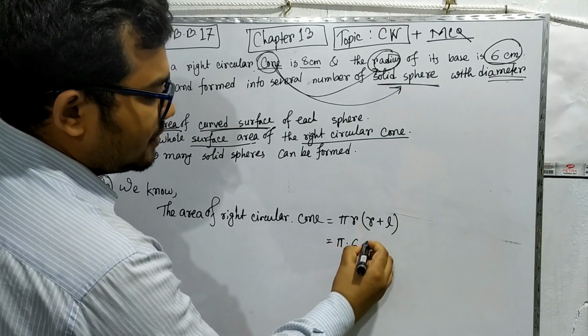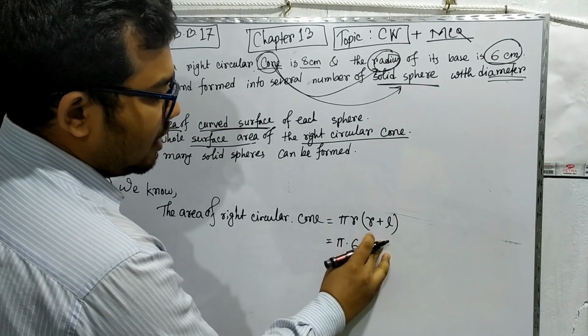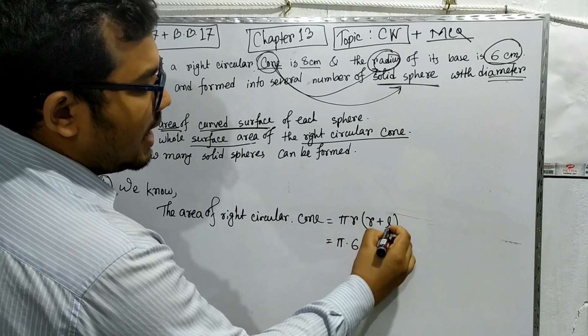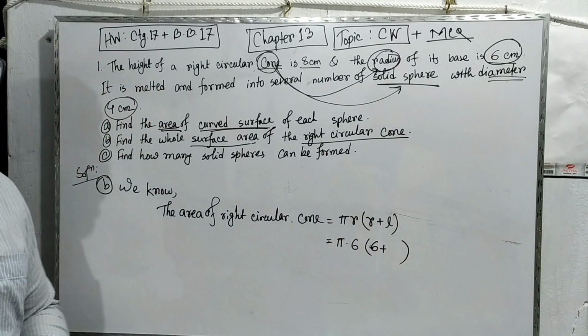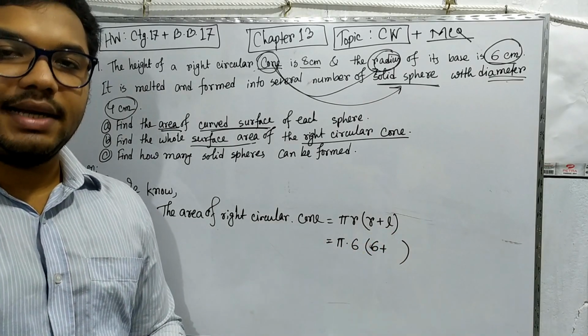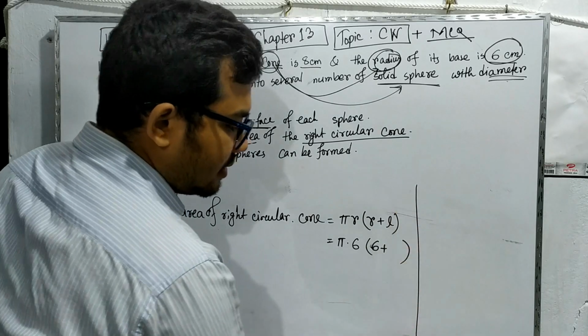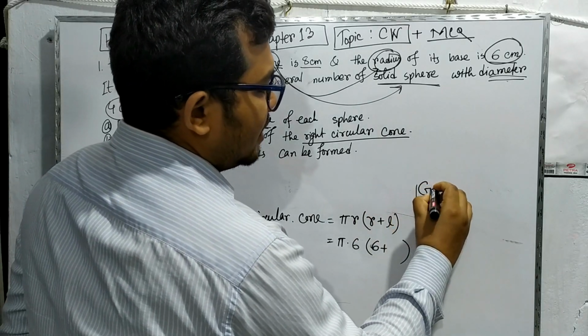So just put the value of r, which is 6, and now the question is l. What actually is l? l is our slant height.